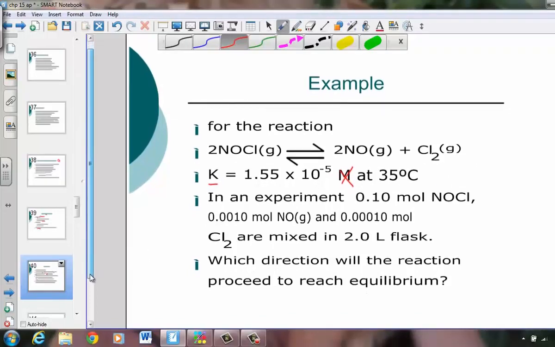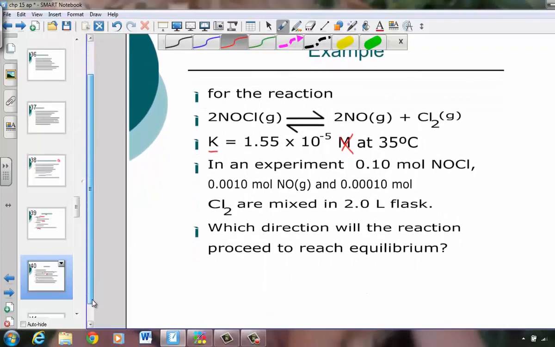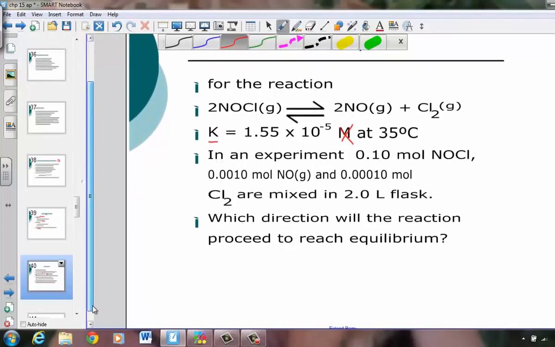In an experiment, we have 0.1 mole NOCl, 0.001 mole NO, and 0.0001 mole of chlorine, and they're mixed together in a 2-liter flask. Which direction is the reaction proceeding to achieve equilibrium?